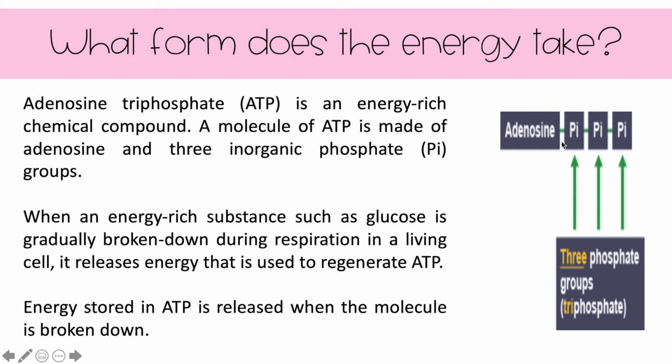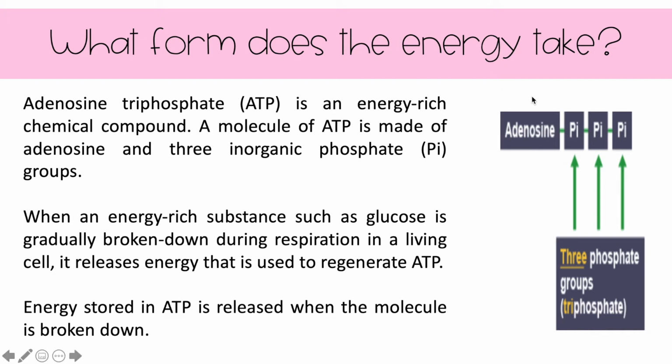ATP acts as a type of energy management system in the cells. It's a bit like money placed into a bank to keep, and it's withdrawn when it's required. So energy can be banked in the molecules of ATP, and when it's needed, that energy is then released.